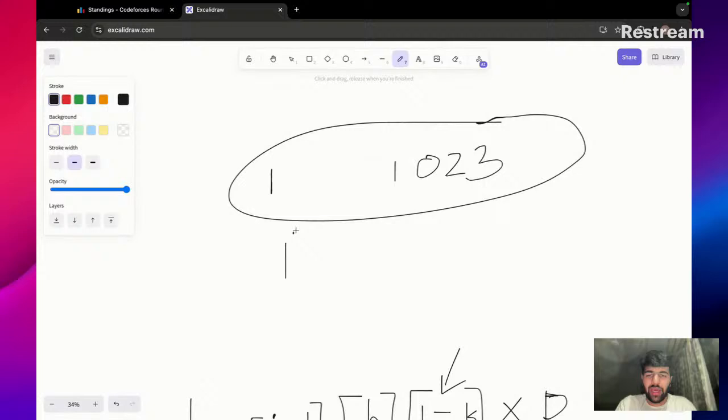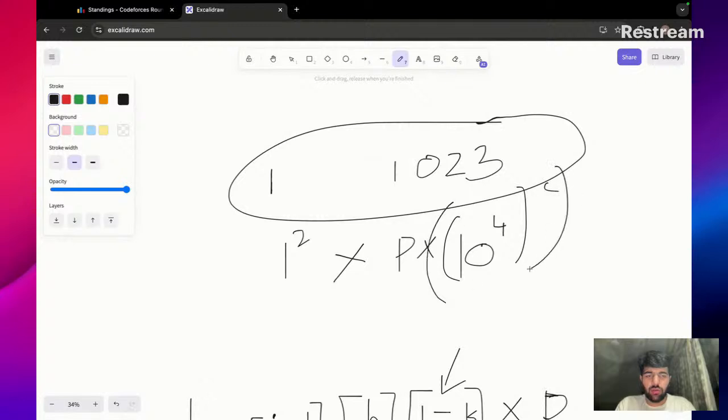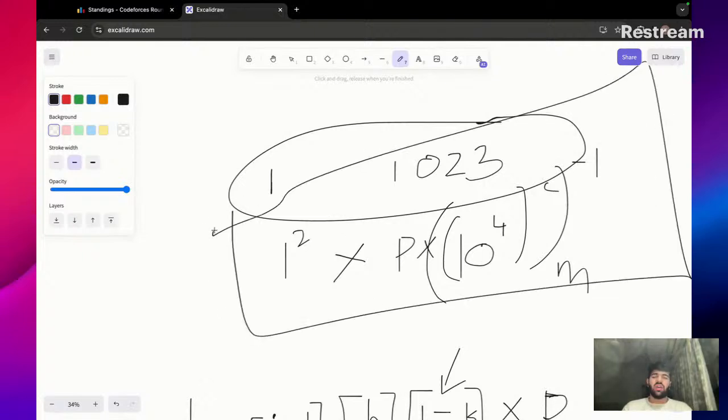This thing squared, multiplied by whatever p I have, into 10 raised to 4 times the count, mod, and this whole thing mod inverse m. I think this has to be it. Yes, it was this only.